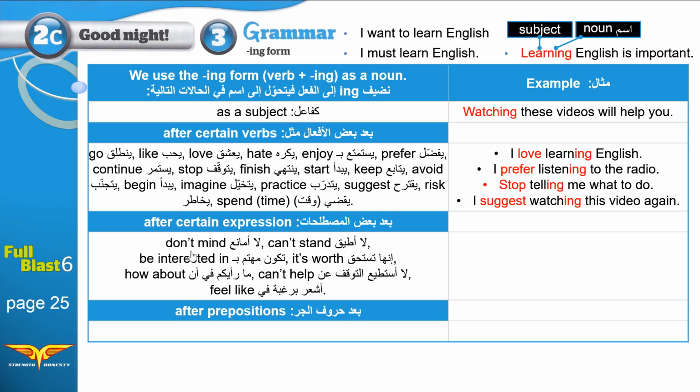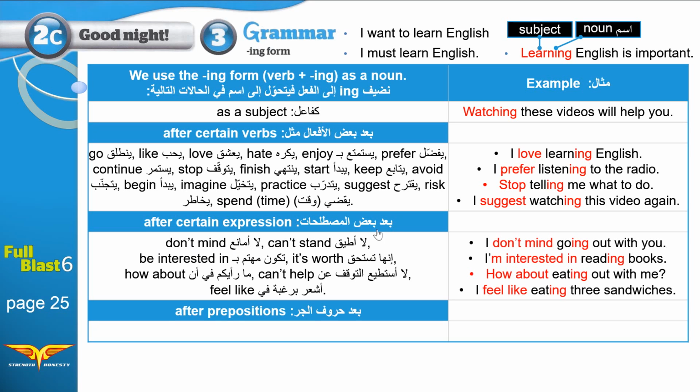When you don't mind doing something, that means that is okay with you. Like when you say, I don't mind going out with you, that means you have no problem with that. See, we added ing to the verb that follows this expression.